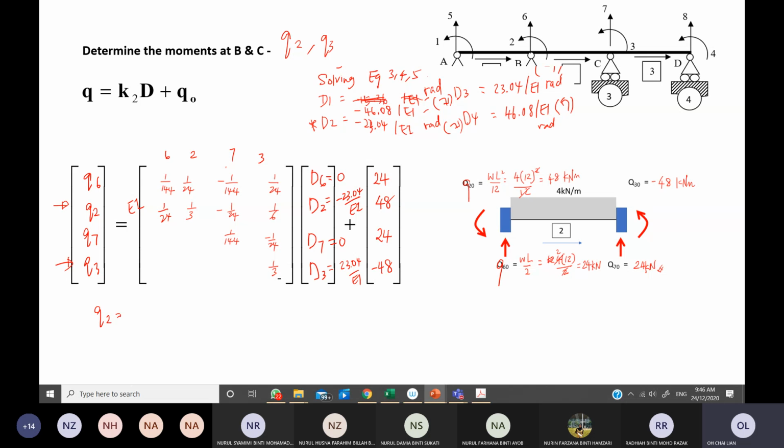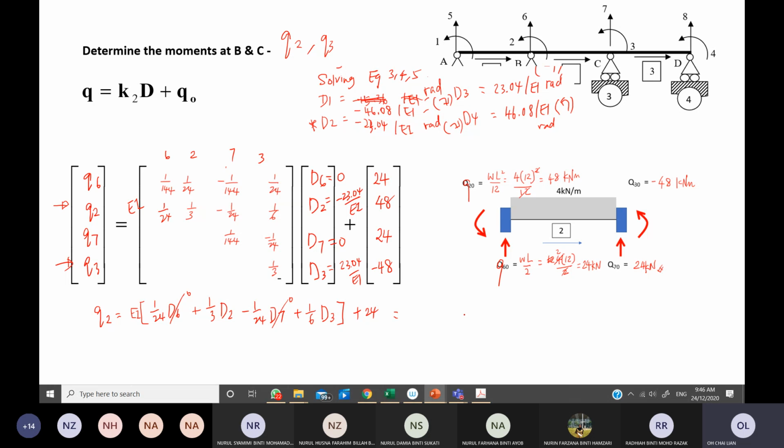Q2 will be equal to EI times 1 over 24 multiply D6, which is 0 later, plus 1 over 3 multiply D2, which has a value, minus 1 over 24 multiply D7, which is 0 as well, and then plus 1 over 6 multiply D3, which has a value, and then plus the Q naught 24.